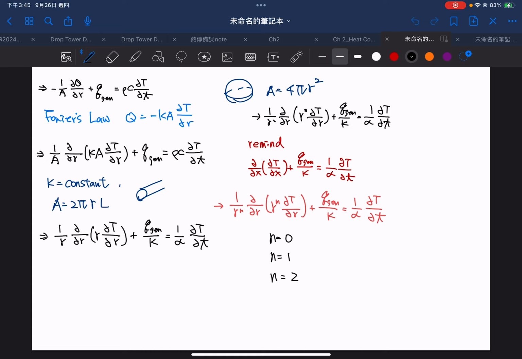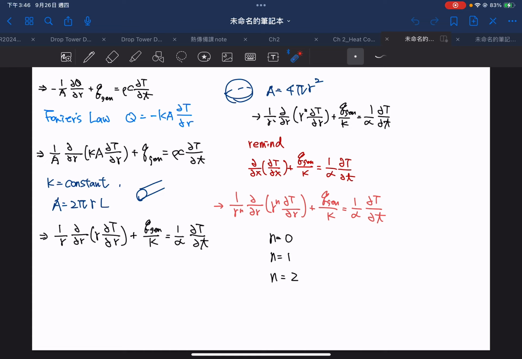So on Tuesday we mentioned that in general there's a heat equation, whether in constant coordinate, cylinder coordinate, or spherical coordinate. Then you can use this kind of equation as long as you put in the right number for n.